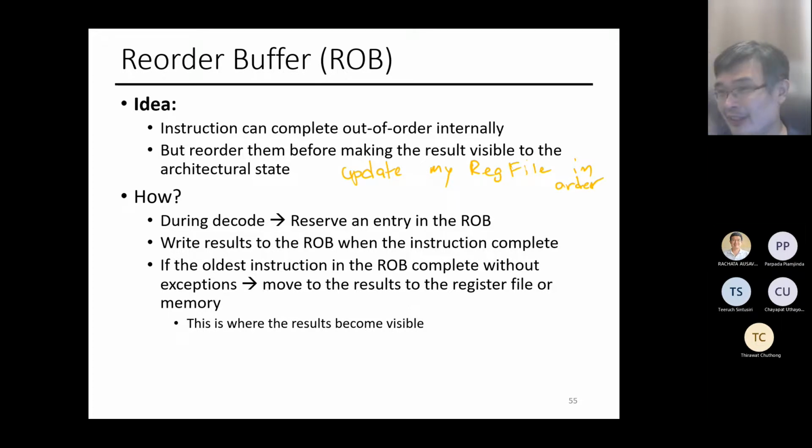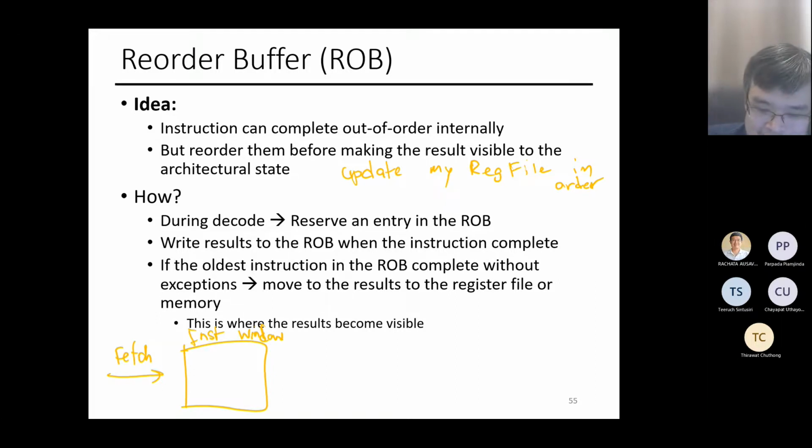During decode, that's when everything's still in order. You fetch into the instruction window, right? So you have the instruction window in here, and you fetch things in here line by line by line. That's in order.